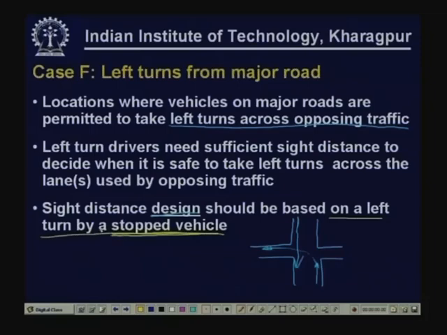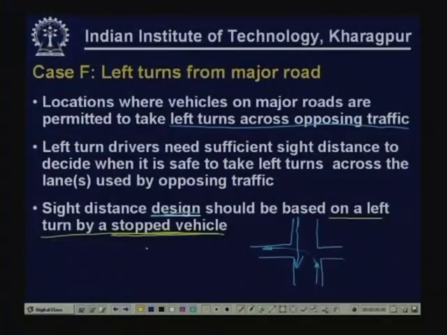The reason is, if a vehicle is in motion, then it will normally require a lesser side distance as compared to a vehicle which is stopped. So, therefore, for design consideration, it is considered that a vehicle is taking a left turn and that vehicle is a stopped vehicle.